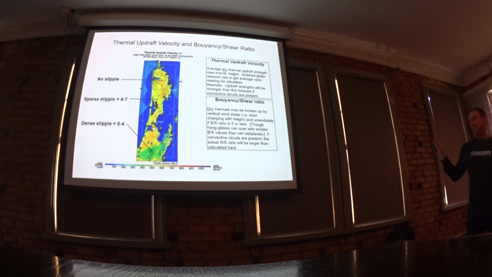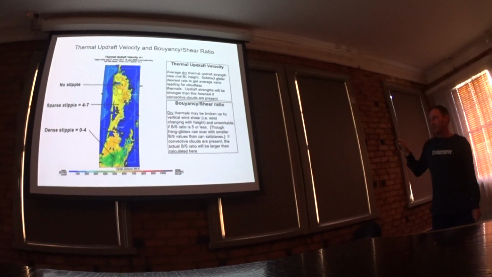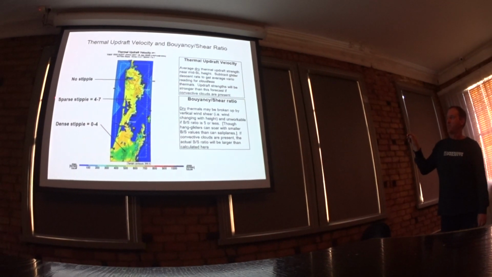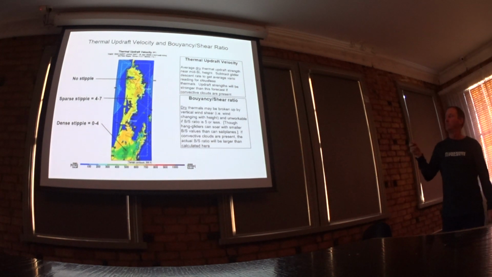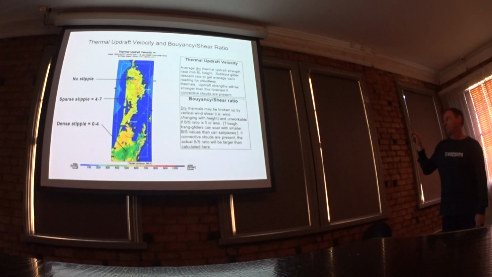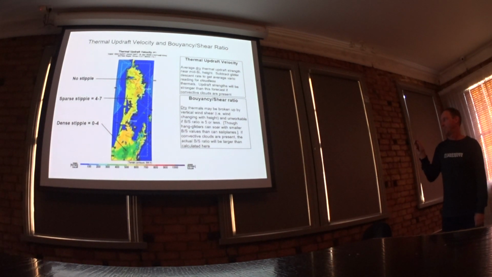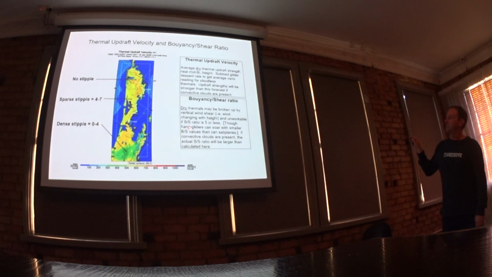So my general rule is, if there's dense stipple everywhere, I'm probably not going to go. If there's sparse stipple, which is the dots are a little bit further apart, if everything else looks good, I'll go. And if we have no stipple, that's really what we want to see. The thermals are going to be easy to work.